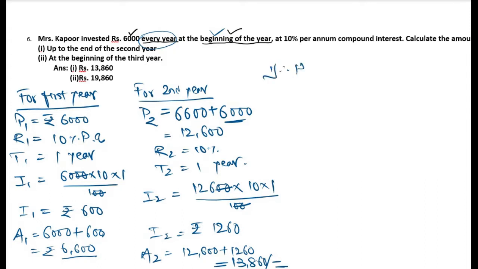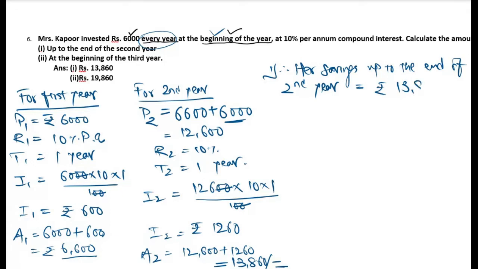Therefore her savings up to the end of second year is equal to rupees 13,860.